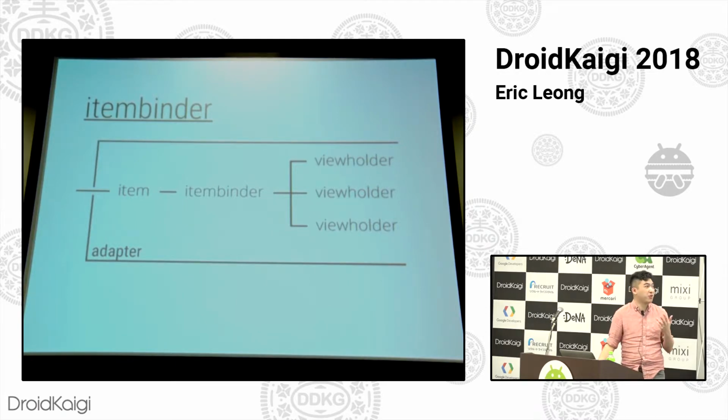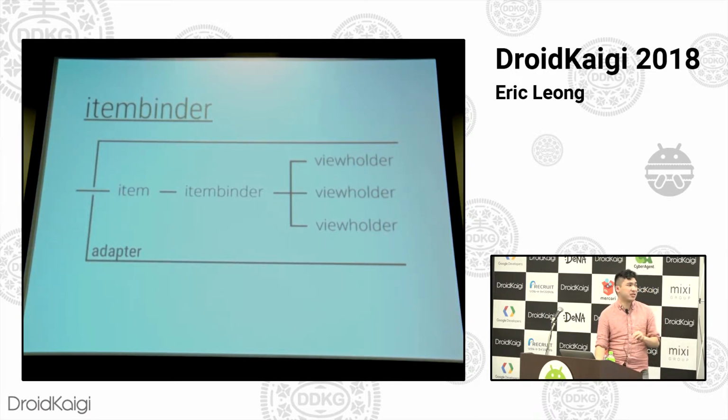What we're doing this decomposition with is a thing we call an item binder. It's not really clear right now what an item binder actually is, because you don't know what a binder is, but I will show you in a couple of slides.